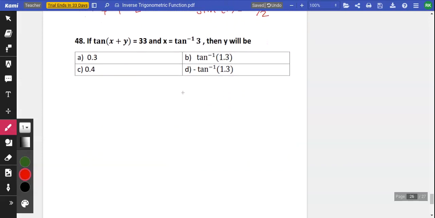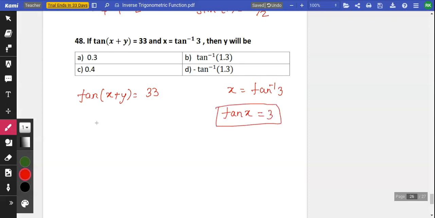In this question we have to find the value of y. Tan of (x plus y) is 33 and the value of x is equal to tan inverse 3, so the value of tan x is equal to 3.